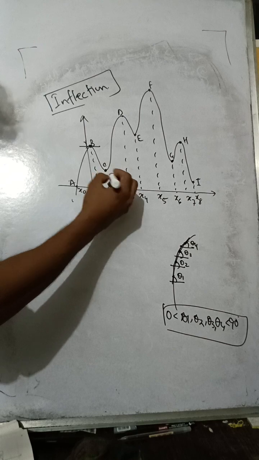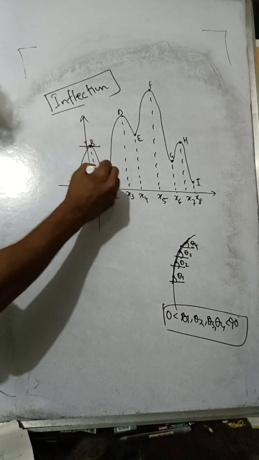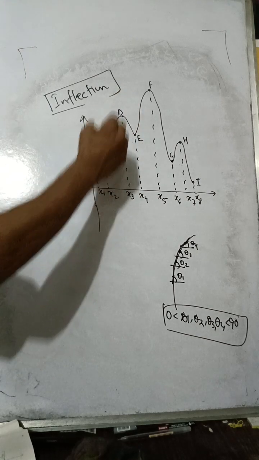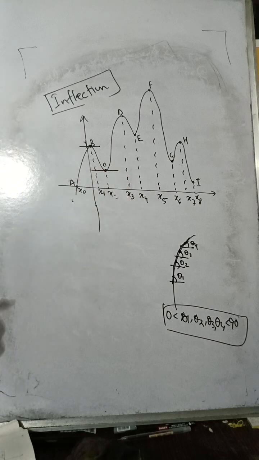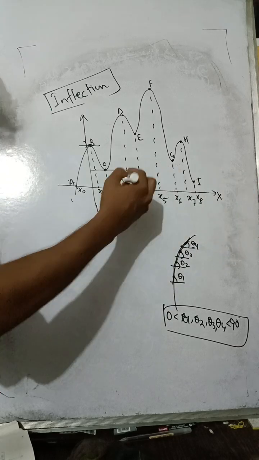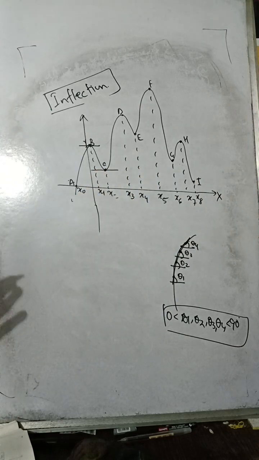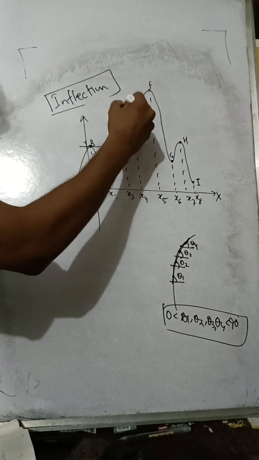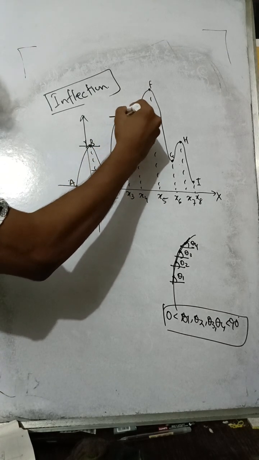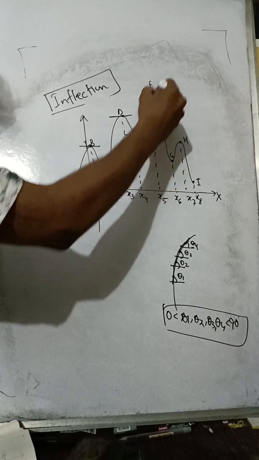Again at C we get to see that BC is basically decreasing and CD is again increasing. So at point C, if we draw the tangent, it is again going to be parallel to the x-axis. So C is also a point of inflection. Similarly, point D is also an inflection point. E is also an inflection point.